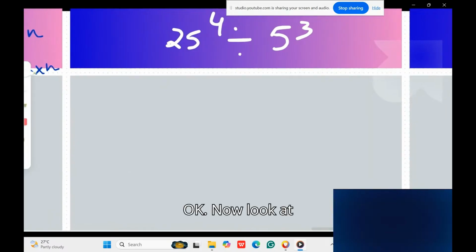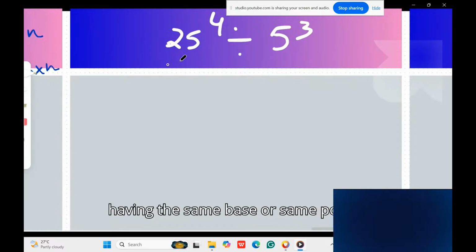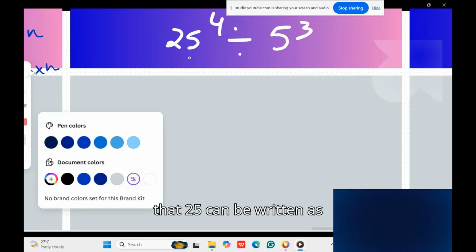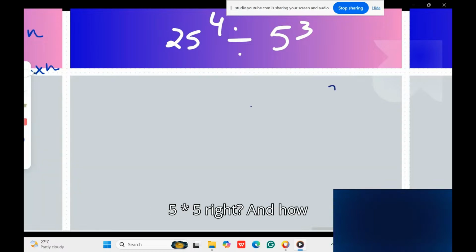Now look at this. All our questions, all our rules are based on either having the same base or same power. Now nothing is the same here, right? But is it possible to make something common? You see this is 25, and I think you all can make a connection of 25 to 5. We all know that 25 can be written as 5 times 5, right? And how do we get it?